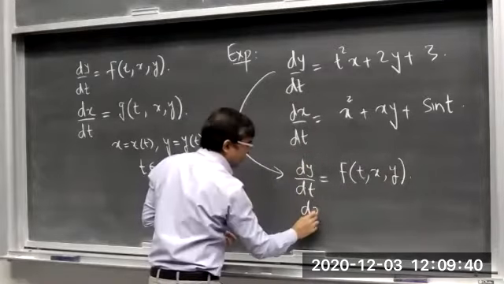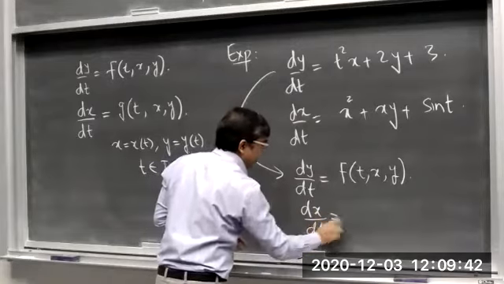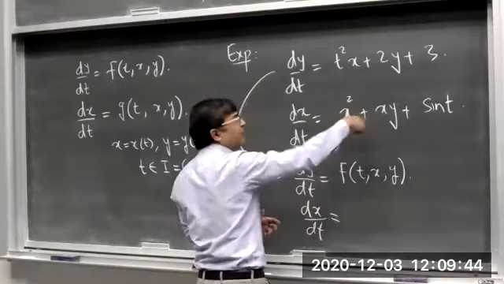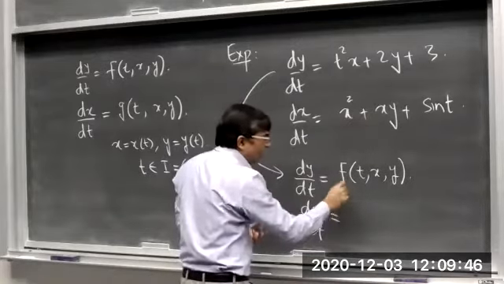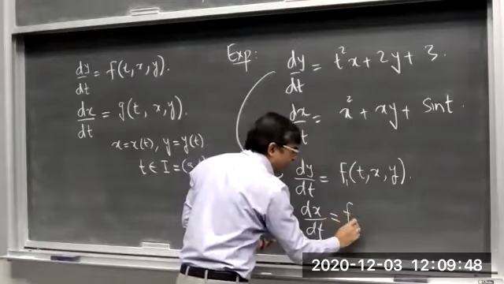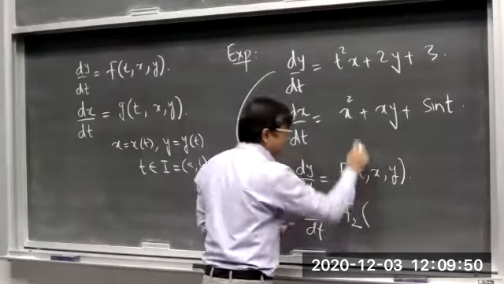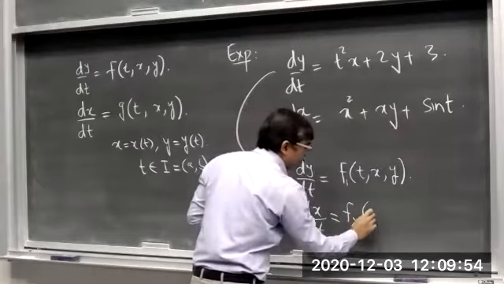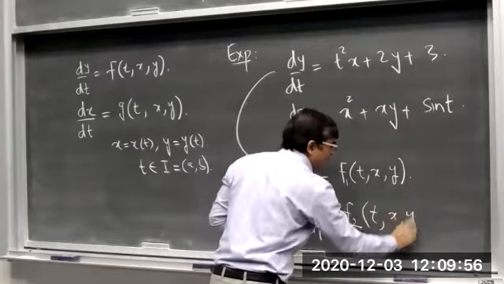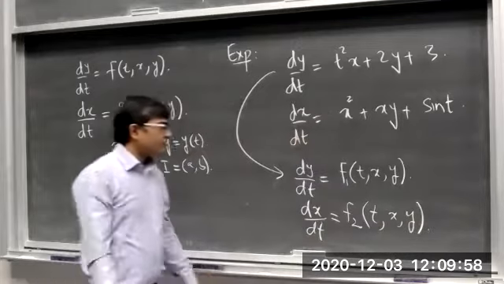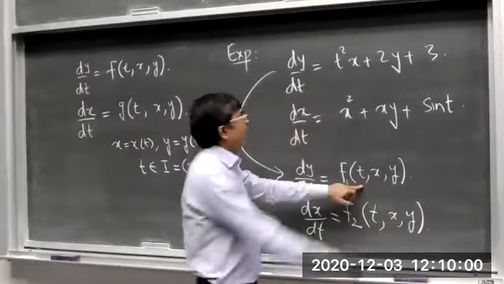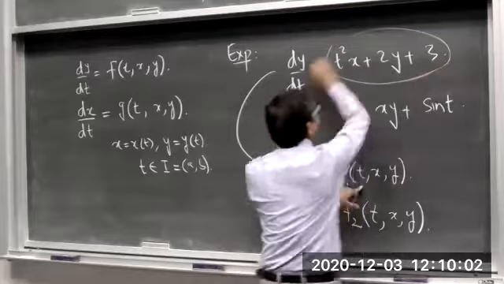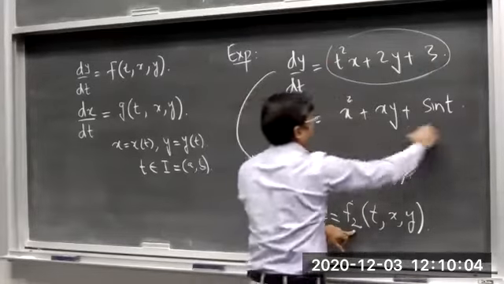Similarly, the other equation can be written as dx by dt is equal to some other function. We can call it f1 and we can call this f2. So it is again a function of x, y, and t. Where f1 is this function, and f2 is this function.